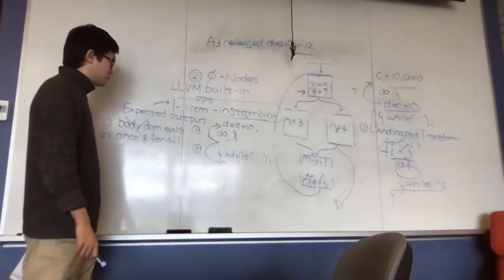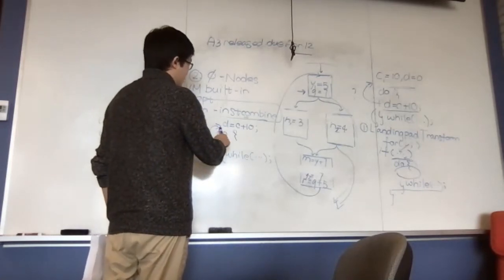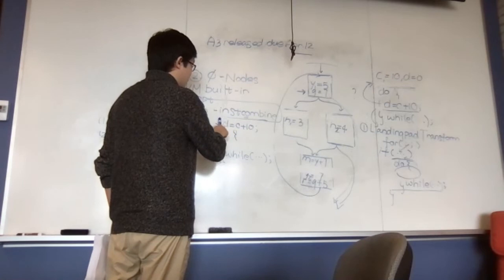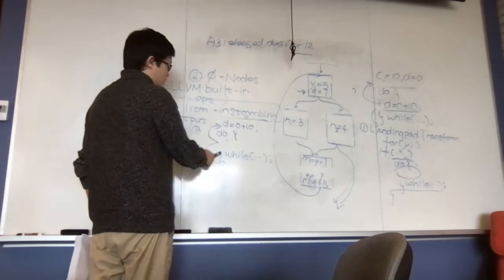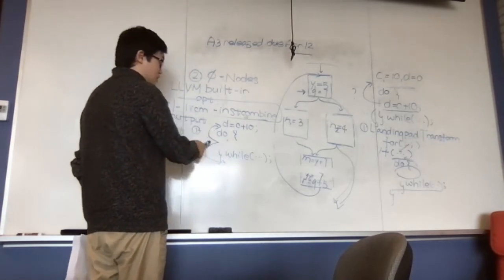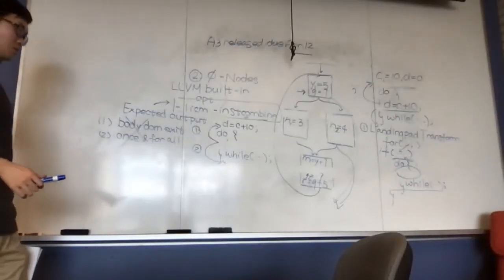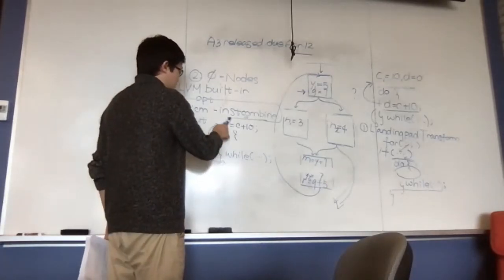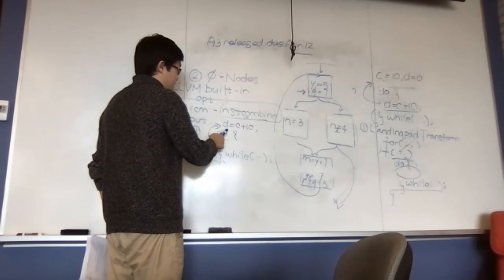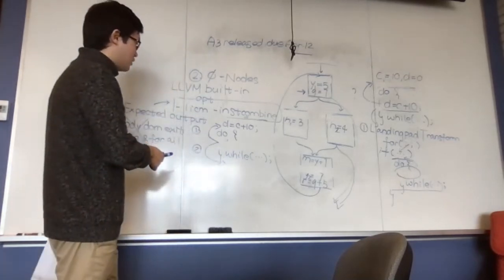If we move the instruction to here, we will need a register to hold the value for D, and this register will always be live while this loop has been iterating. However, if we are not using this value D inside the loop, then there's no reason why we should have a register that holds the value of D while this loop has been iterating.